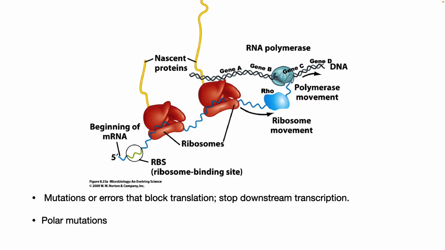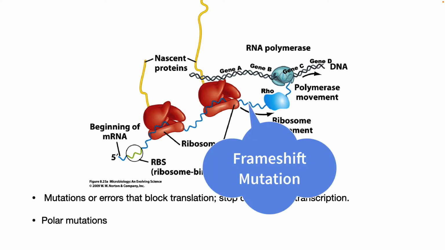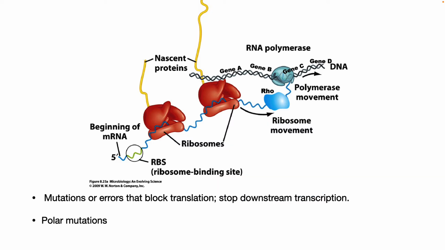If you look at the figure, if there is a severe mutation called a frameshift mutation, as one example, it can cause the premature termination of a protein. But this also creates a long stretch of open DNA, and often the Rho protein will recognize this and terminate transcription as well. So imagine there is a mutation in gene B that causes the peptide to be truncated.